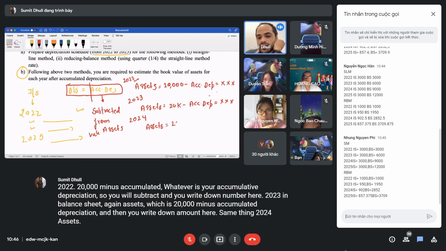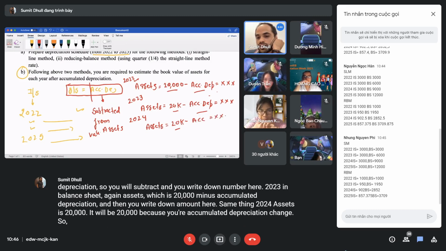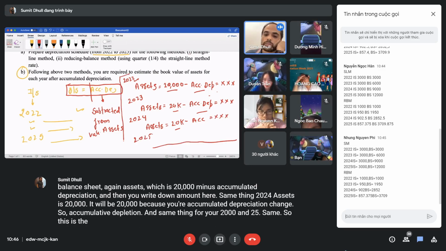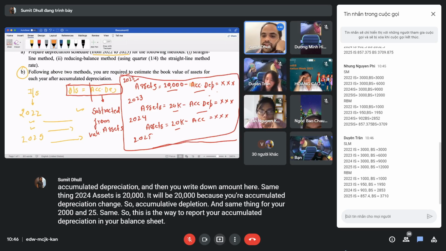Assets is 20,000. It will be 20,000 because your accumulated depreciation changes. Same thing for your 2025. So this is the way to report your accumulated depreciation in your balance sheet. This here is your accumulated depreciation, right?